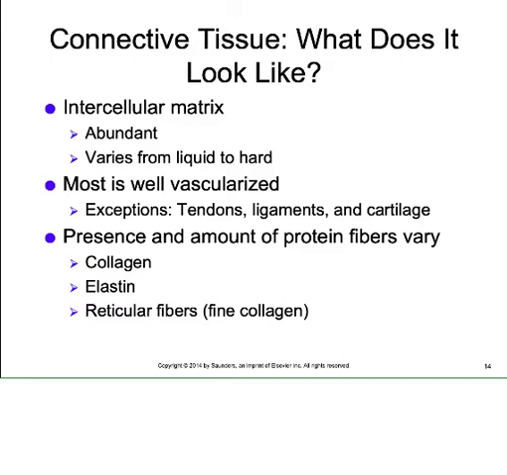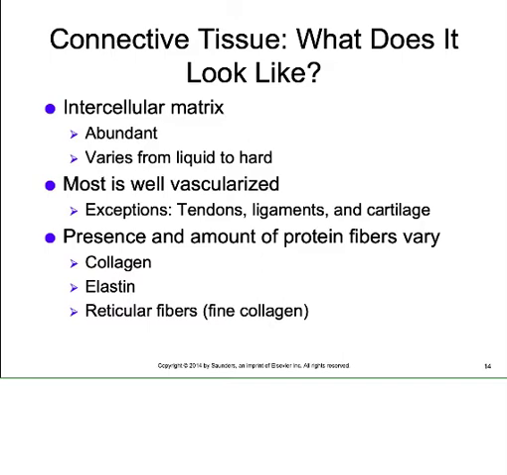And in bone, it's a hard matrix called hydroxyapatite, which is calcium phosphate. There's also collagen in there, and there are glycoproteins in there as well. In cartilage, it's mostly glycoproteins. In some cartilage, like elastic cartilage, there are elastic fibers, and in fibrocartilage, there are things like collagen fibers.